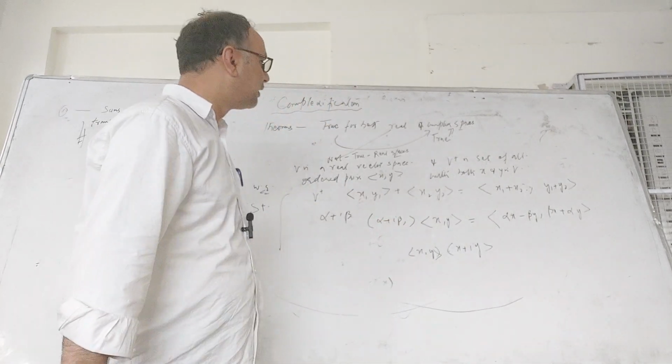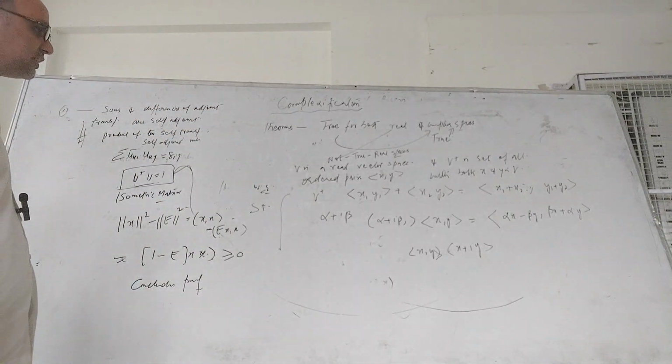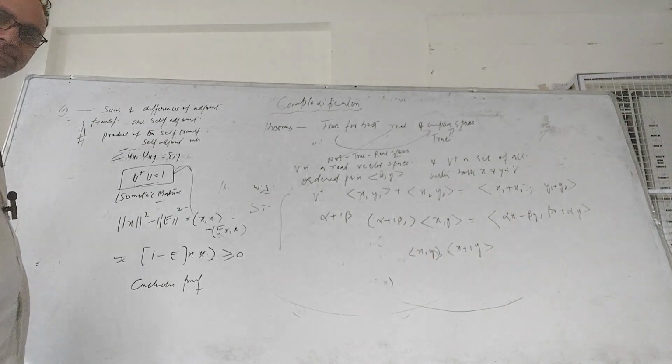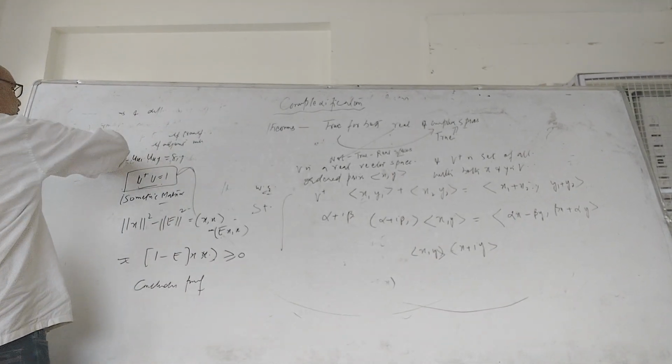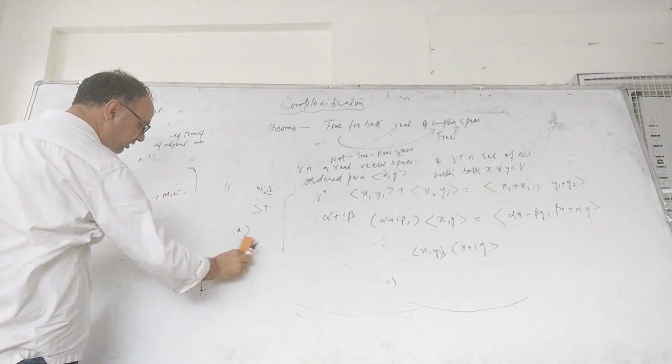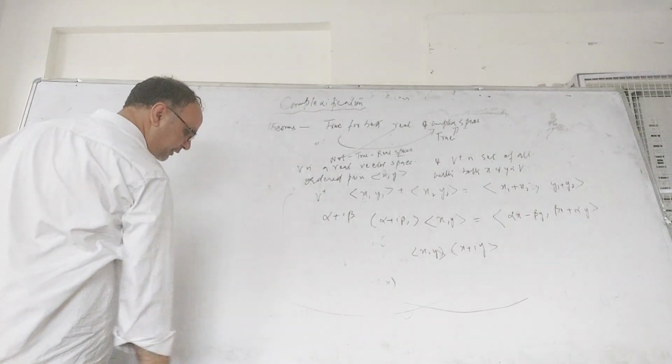Now, if we want to extend it for bilinear functionals, if you remember, there are certain properties of brackets when we define bilinear functionals in terms of that bracket formalism.